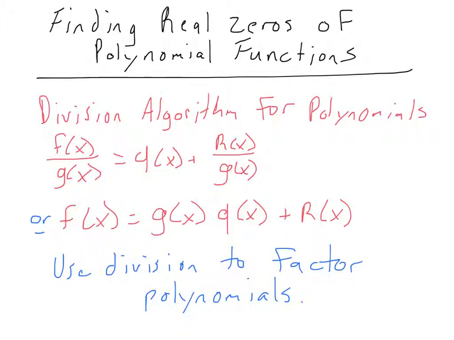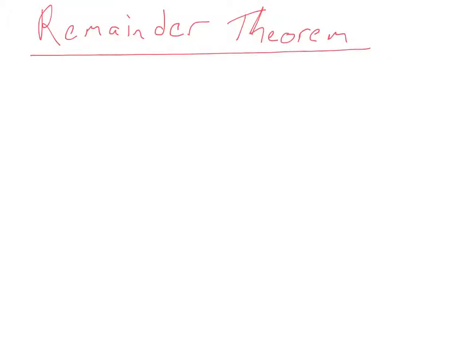One of the important theorems that comes out of here, and we have to get a bunch of theorems down because polynomials tend to involve lots of theorems, is the remainder theorem.